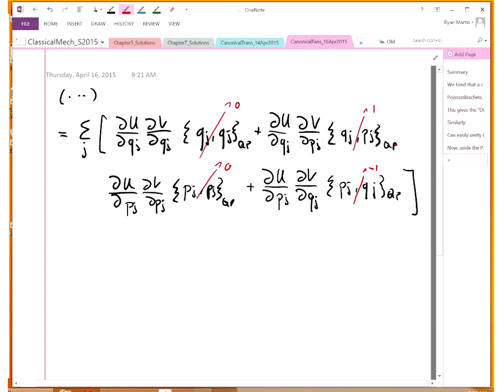We just evaluated those previously. So the Poisson brackets between coordinates are invariant. It's equal to plus 1 when it's the coordinate and the momentum, and minus 1 when it's the momentum with the coordinate.